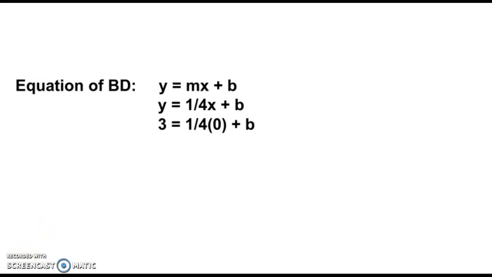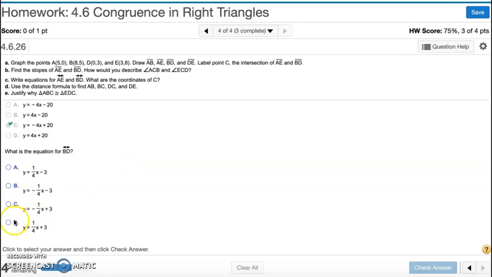The coordinate for D is 0, 3. So 0 goes in for x and 3 goes in for y. So 1/4 times 0 is 0, so that makes b equal 3. Now putting the slope and y-intercept together, that gives me y equals 1/4x plus 3. And that's my equation for BD. So that will be choice D.